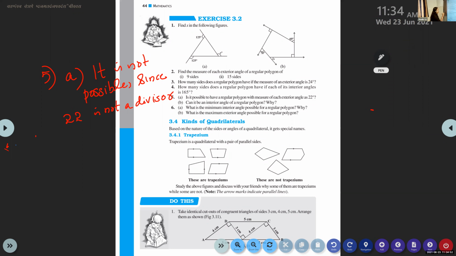Now, B question. Can 22 be an interior angle of a regular polygon?